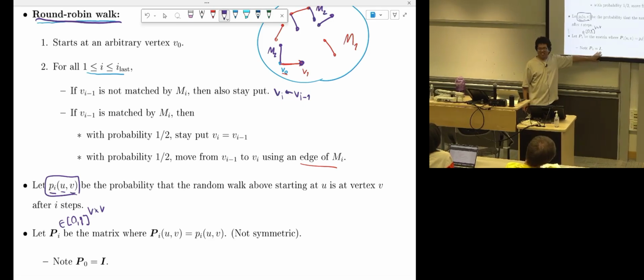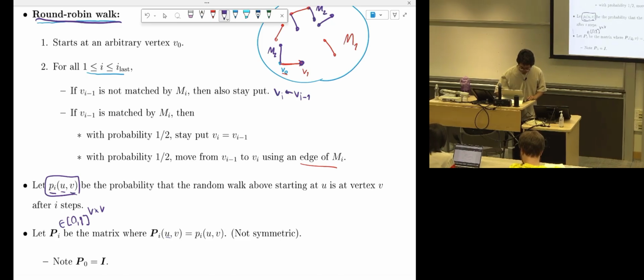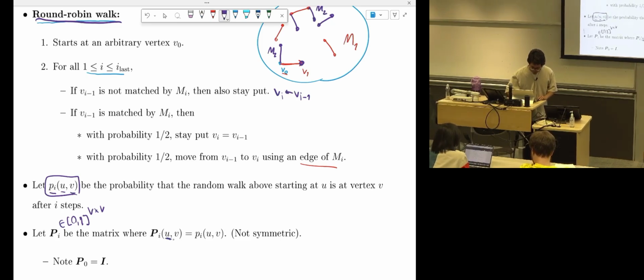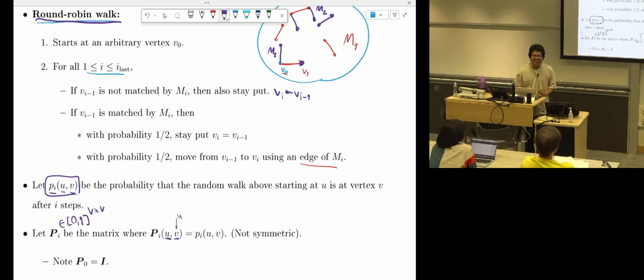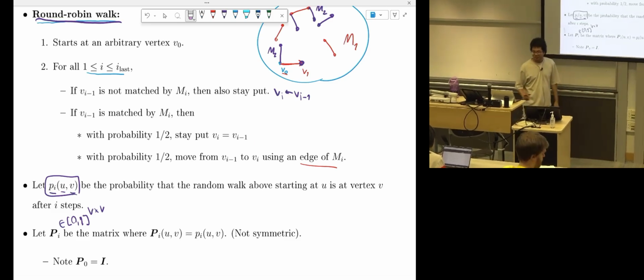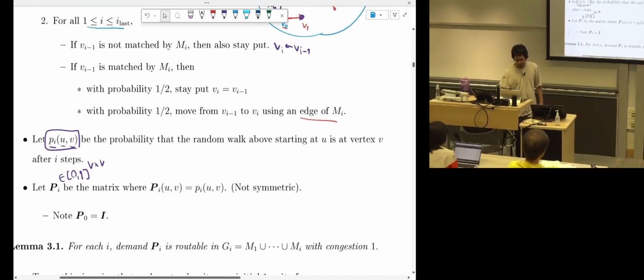It's just the identity. Because if you start at u, the probability that you go to any node is 0 except if v is u. Does it make sense that P_0 is just the identity?